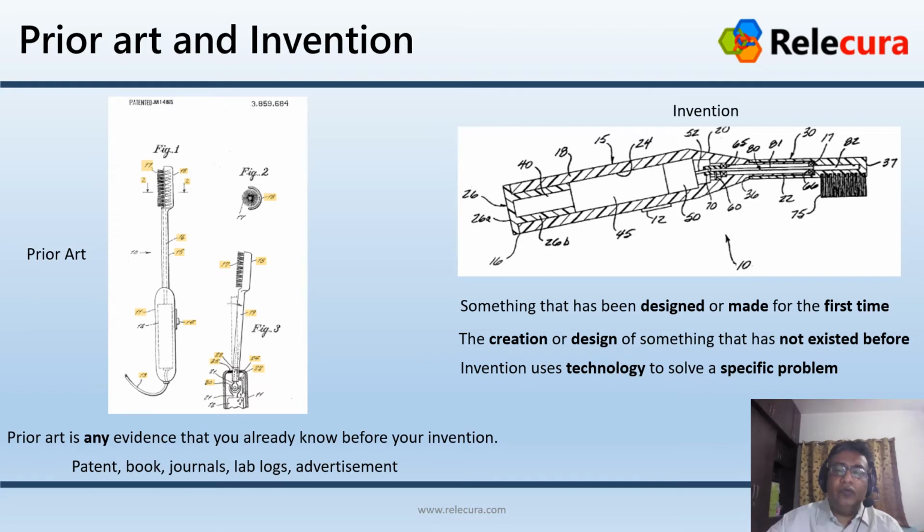And if you want to move around, you can do it because there is no wire attached and no need to be continuously charged up. So this is the prior art. There are some problems in it and those problems have been solved by this invention. This is the difference between prior art and the invention.